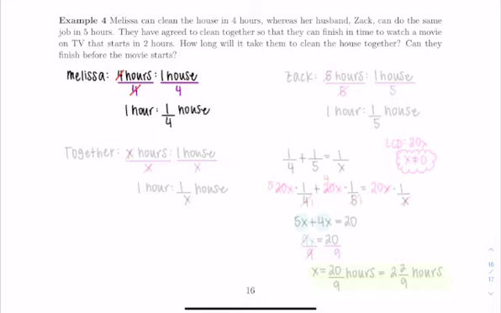Now let's look at her husband, Zach. It takes him 5 hours to clean the house alone. And so how much does he get done in 1 hour? Since I want to look at 1 hour and I have 5 hours, I'm going to divide both sides by 5.